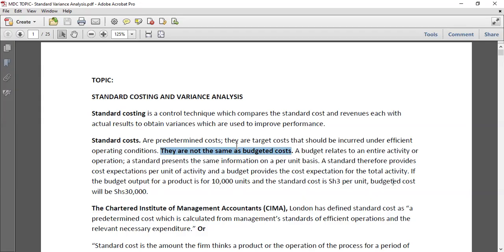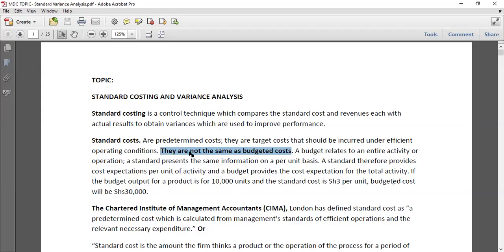You need to understand that the standard cost is for the unit element of the activity, not for the overall. That's why I said budgeting and standard costing have a relationship. We actually use the standard costs in setting budgets, but remember, for budgets we are looking at the activity or the business as a whole.